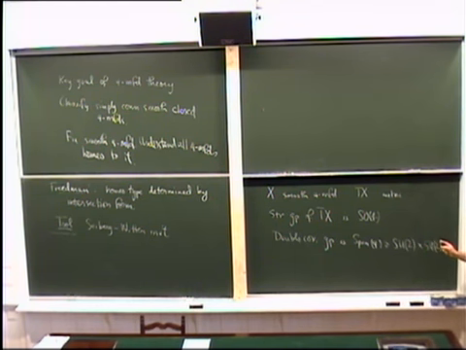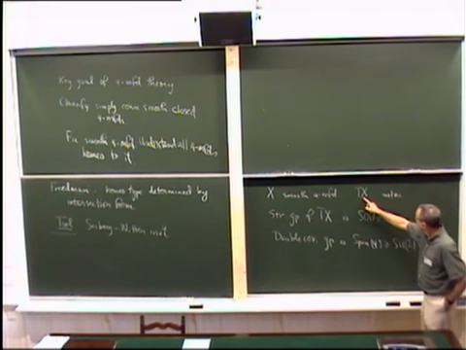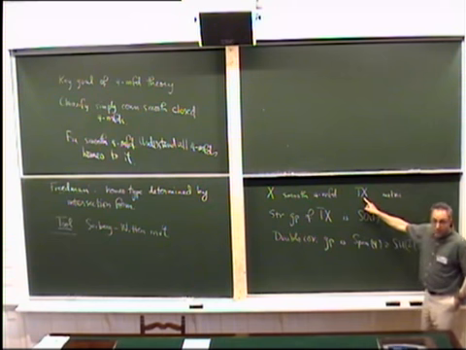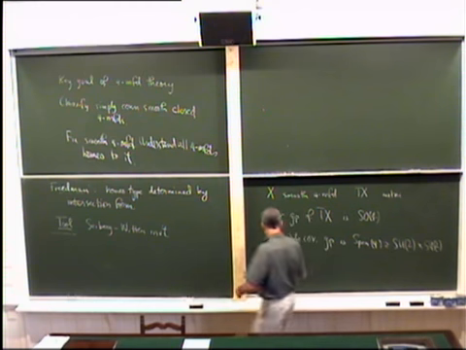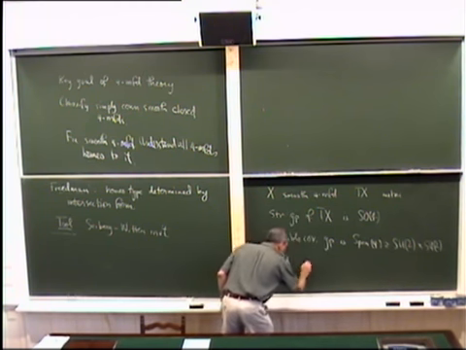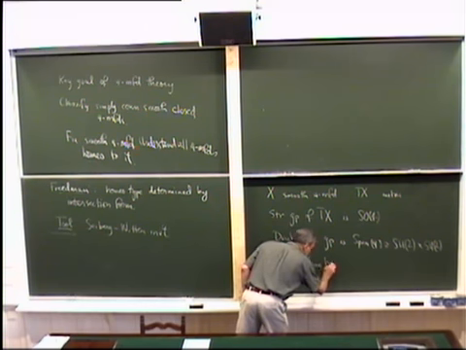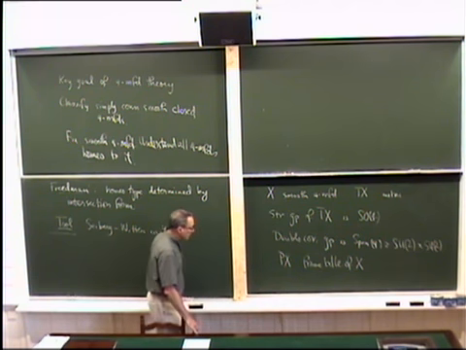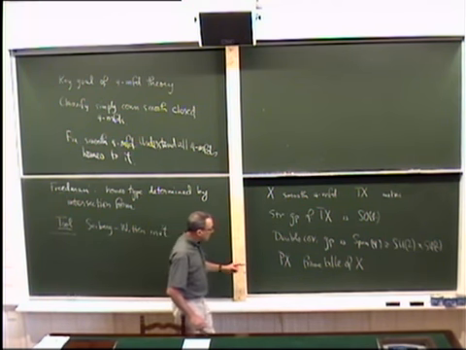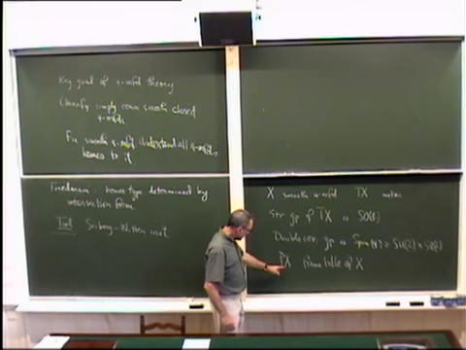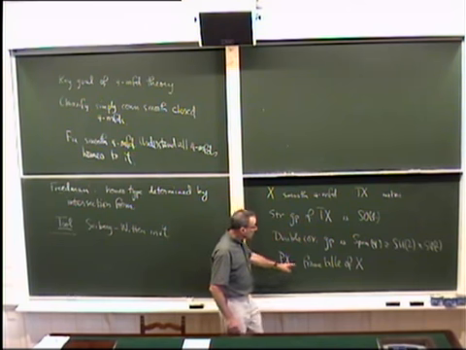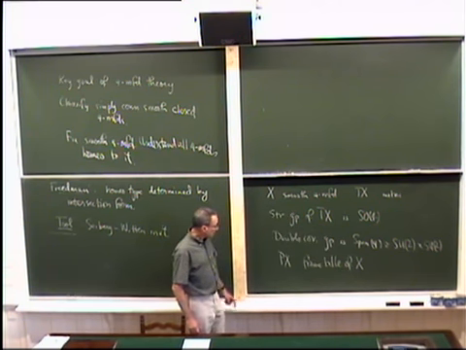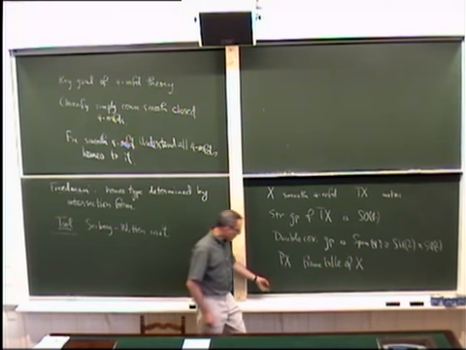A spin structure on X. Let's denote the frame bundle, the principal SO(4) bundle associated to the tangent bundle, by P_X. So P_X is the frame bundle. And a spin structure on X is a principal bundle over X with structure group Spin(4), which is a double cover of this.